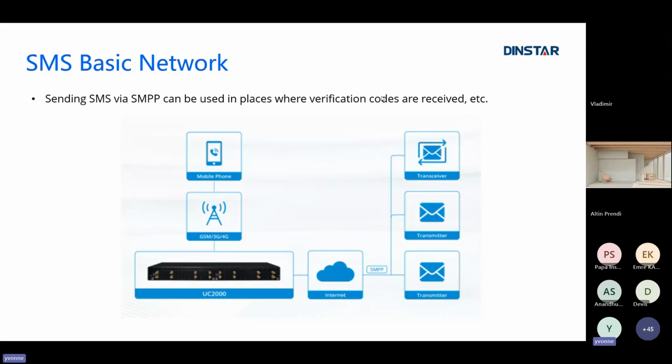The mobile phone establishes a connection with the UC2000 devices via the GSM or LTE networks, and the UC2000 devices access the internet, then interact with the various transmission related components through the SMPP protocol to send the SMS messages.